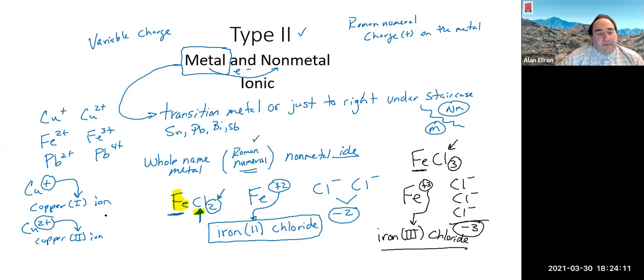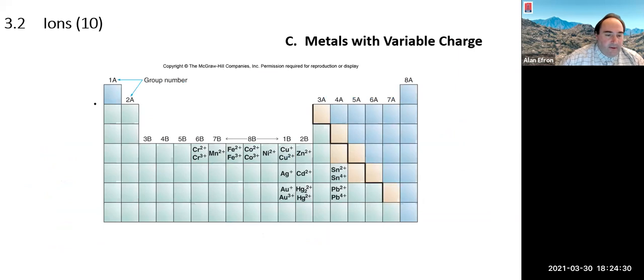Yeah, so Ryan, in terms of knowing the different charges by looking at the periodic table, let's look at it here. The ones we talked about a little bit earlier are the ones where you will know the charges for sure.